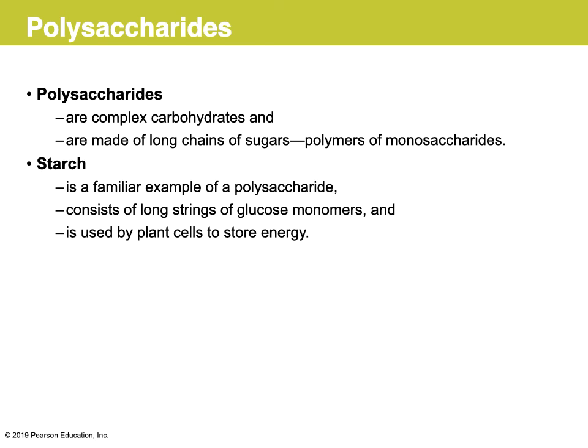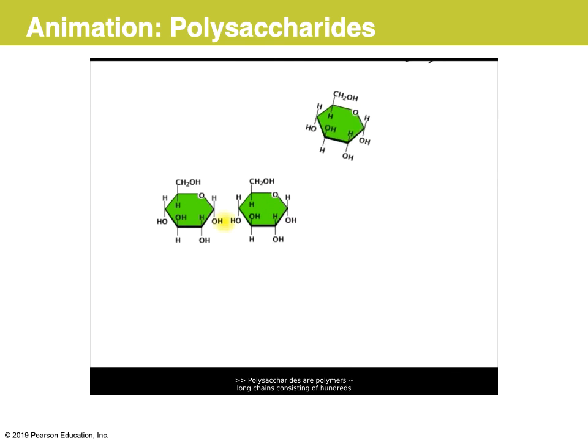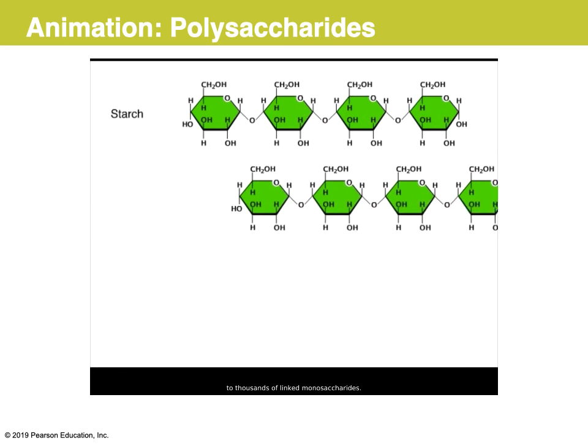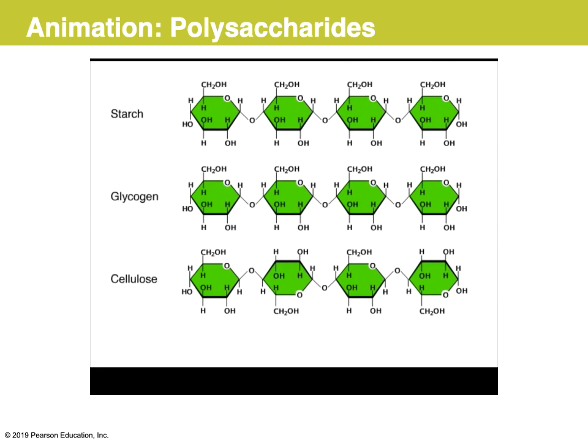It's made of long strings of glucose monomers and is used by plant cells to store energy, right? So we think of storing energy in our bodies in the form of lipids. Well, plants will store energy in the form of starch. Polysaccharides are polymers, long chains consisting of hundreds to thousands of linked monosaccharides.